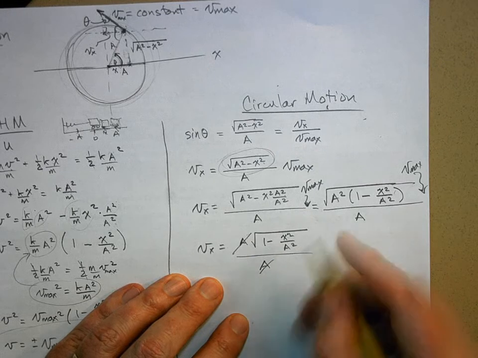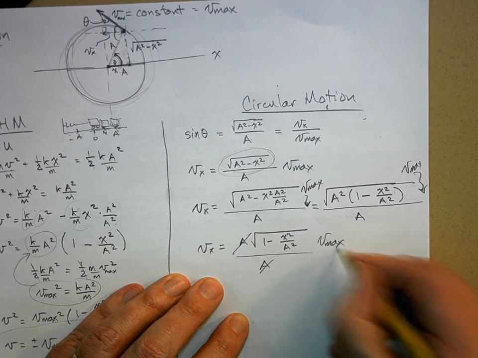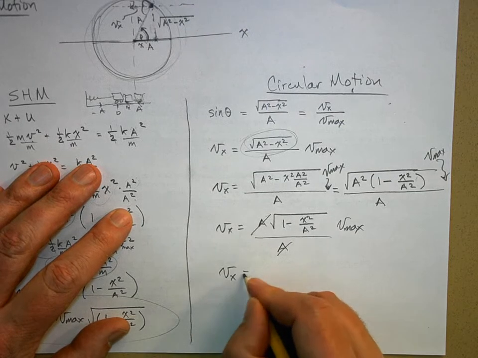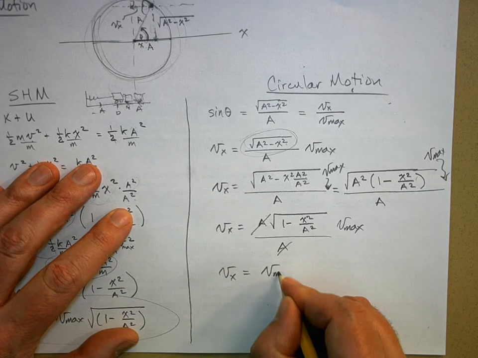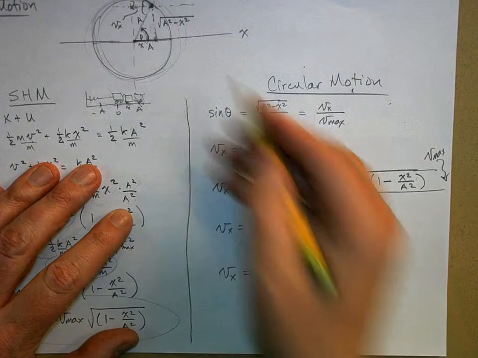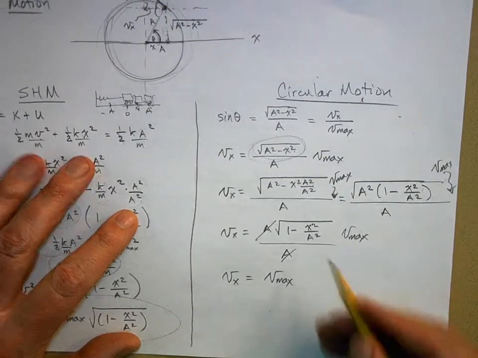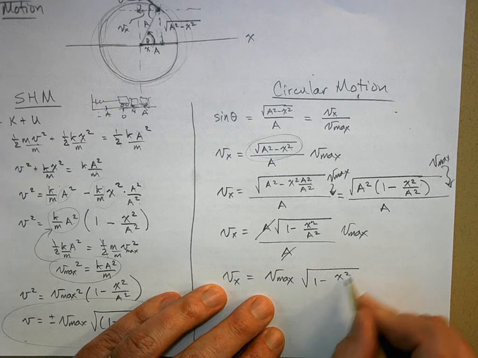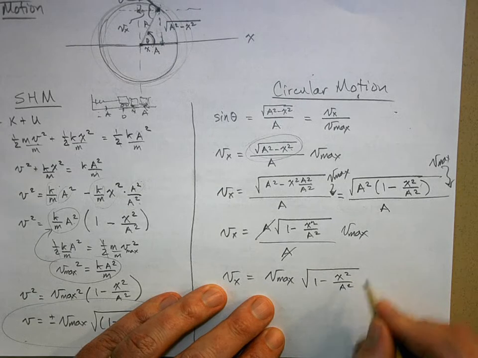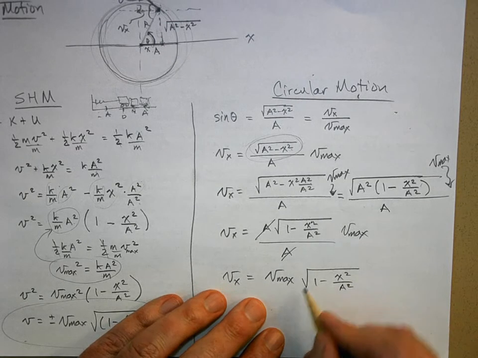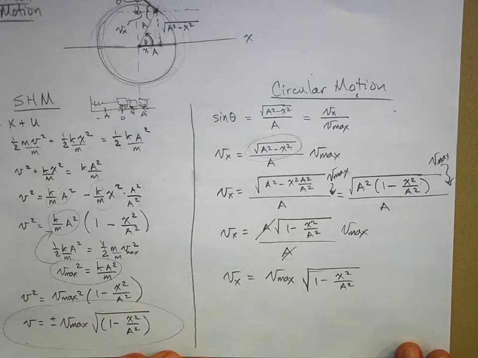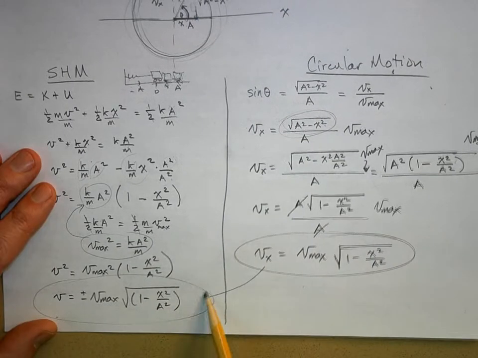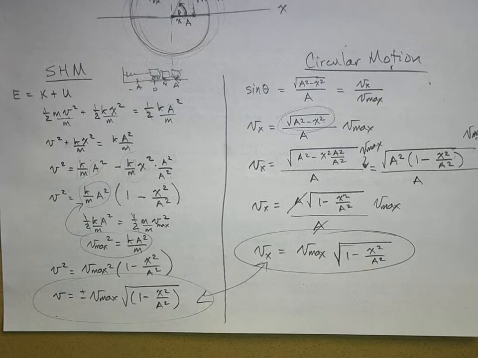And what have I left out of here? Vmax. All times Vmax. I keep forgetting to do that. So I'll put Vmax first. Vx equals Vmax, the maximum velocity, the speed of my circular motion, times the square root of 1 minus our position x squared over a squared. A squared is the radius of our circle. Well, look at this. They are mathematically the same.